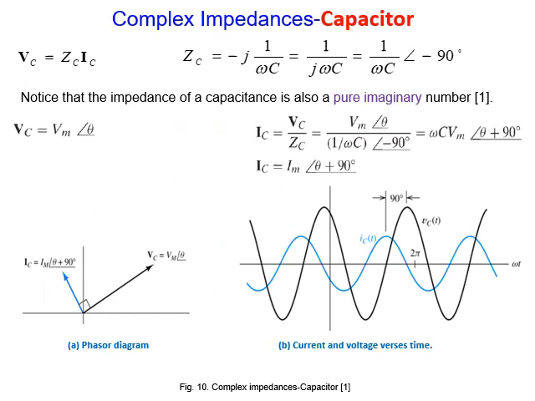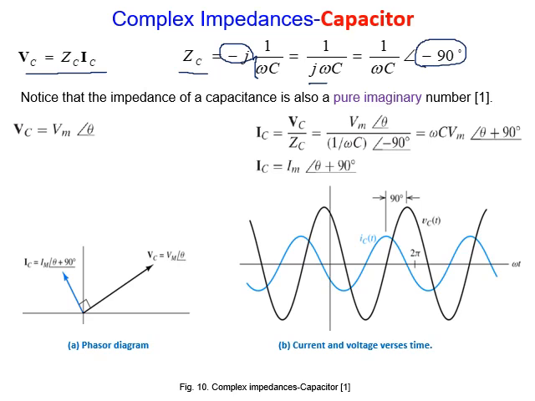Okay. Now, for the capacitor, if we repeat the same discussion, we will find that VC again equals ZC IC, which is Ohm's law. Impedance multiplied by current gives me the voltage. But how do we calculate ZC? ZC is minus j 1 over omega C, or if we take minus j down, it will be positive j, or we can represent it simply as minus j represented as minus 90, right?